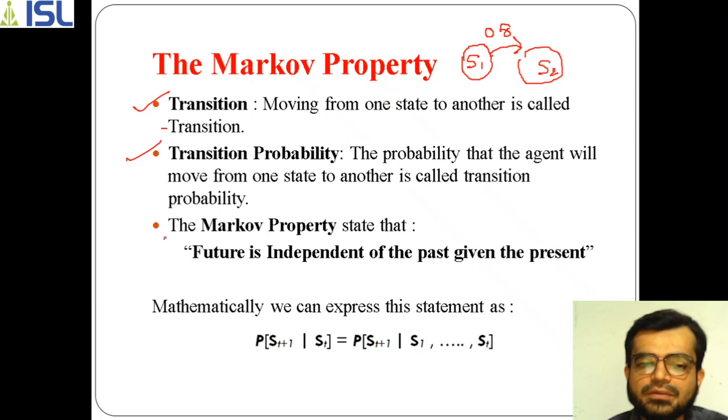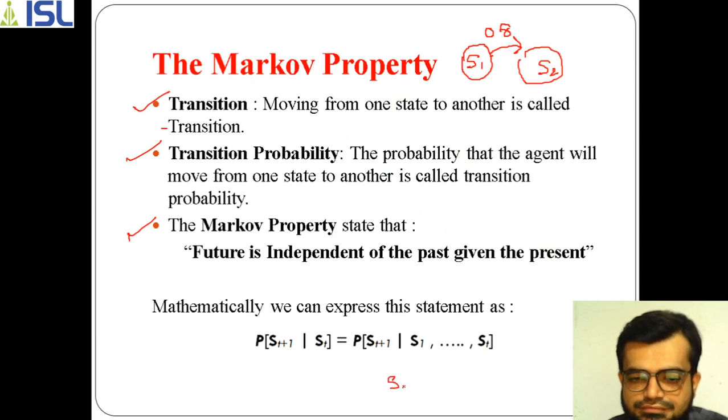Now, what is the Markov property? Whenever an agent moves from one state to another state, it won't concentrate on the previous states. For example, say S1, S2, S3, S4 are there.